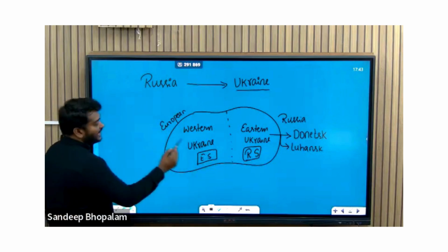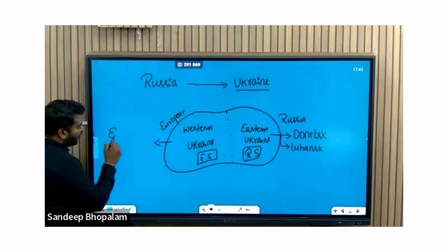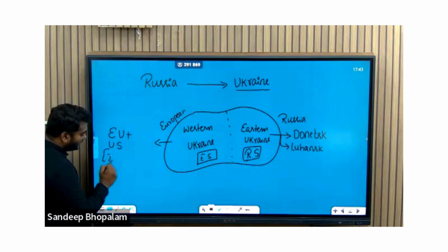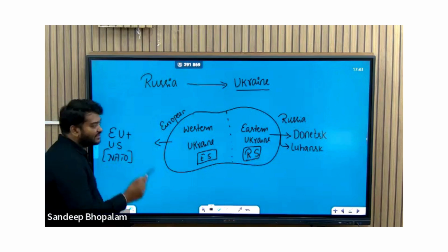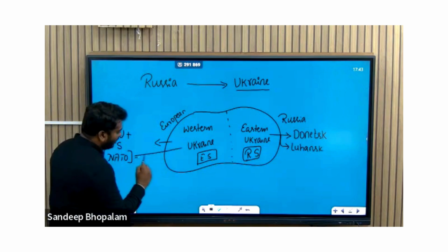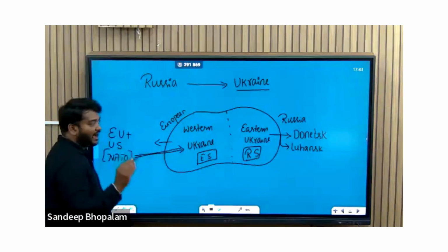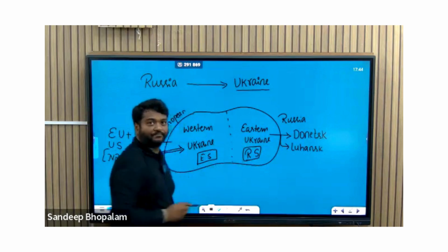And on this side, European supporters are there. So your European Union plus the US, which is mostly NATO, is indirectly supporting Ukraine.